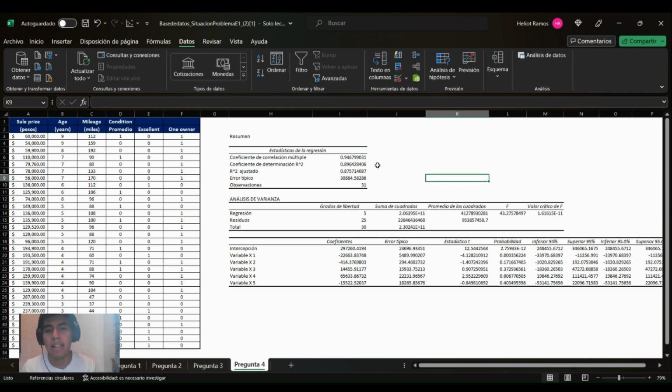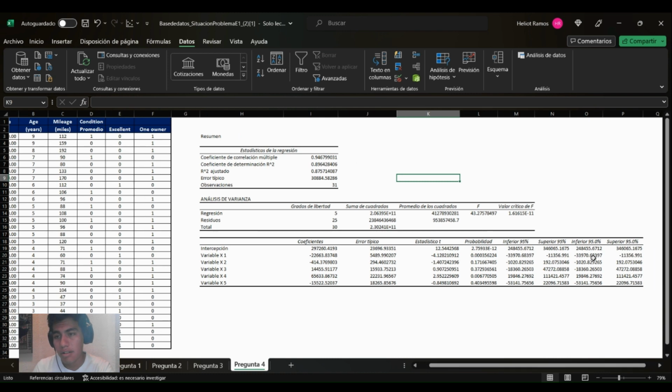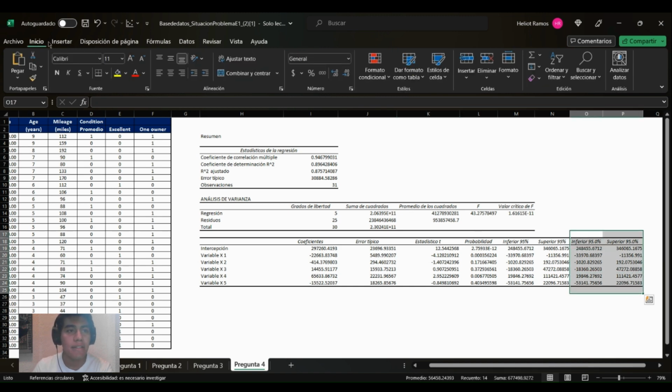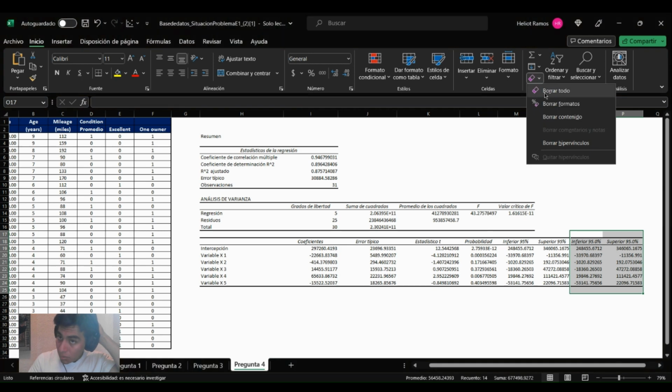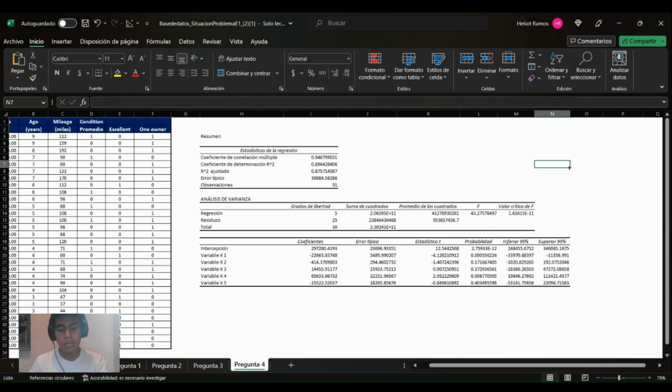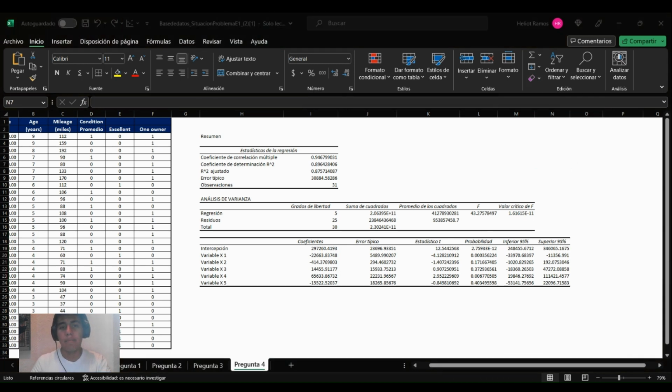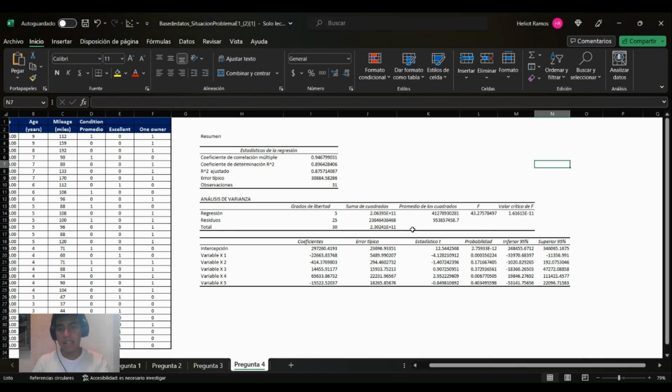Literally you're going to get the data. The data is very easy to extract. More than the data, the statistics are very easy to extract. But what's important is to analyze and to really know what it is that you are calculating.